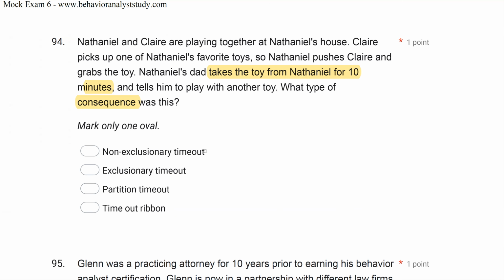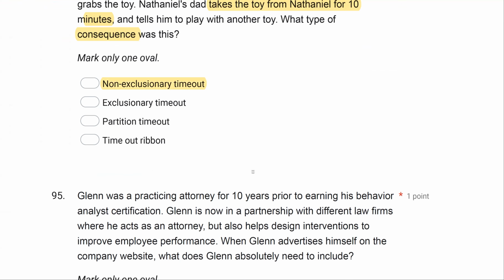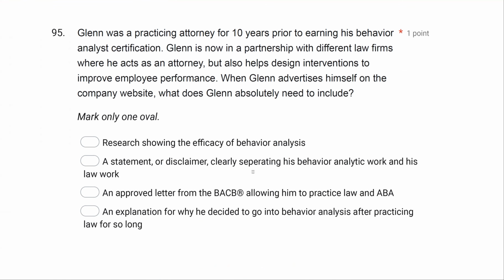It's a simple non-exclusionary timeout. Nathaniel can't play with that specific toy, but he's still in the environment and he's still playing with these other toys. So what type of consequence? A non-exclusionary timeout.